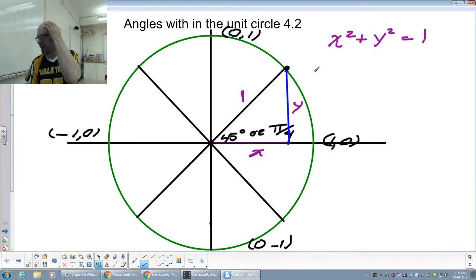So if x and y are equal, one way we can put it is, if this is x and x is equal to y, then x squared plus x squared could equal 1. So 2x squared could equal 1.